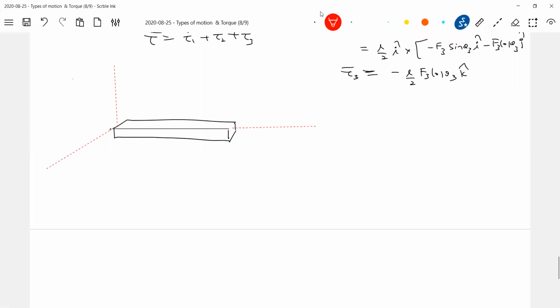Let's go with a three-dimensional one, so it'll be easy for us now. In which plane? Now the rod is along the x-axis. The rod is along the x-axis here.